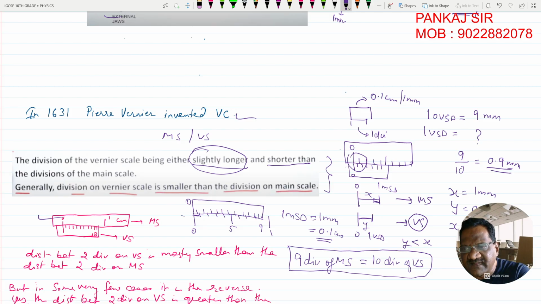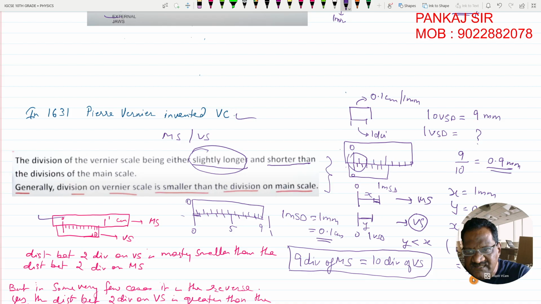So the least count of the vernier caliper will be x minus y. Now x minus y will be how much? It will be 1 millimeter minus 0.9 millimeter, which is equal to 0.1 millimeter. Did you get it? So this 0.1 millimeter is the value of x minus y.